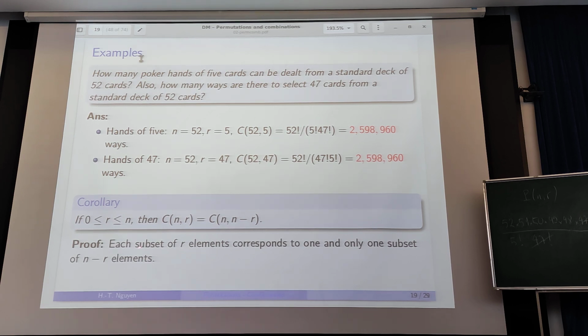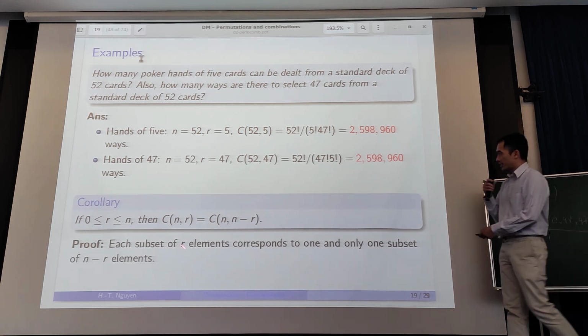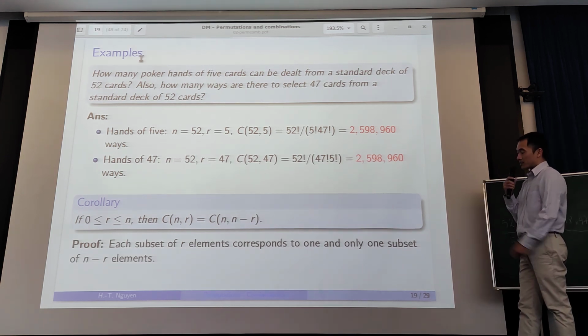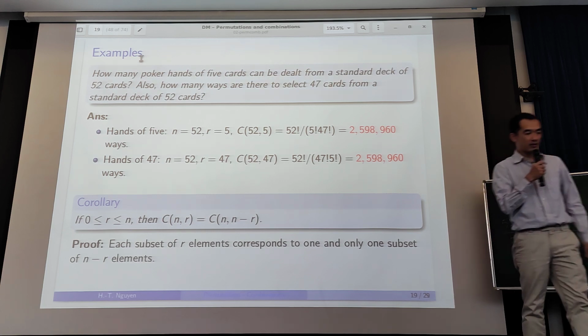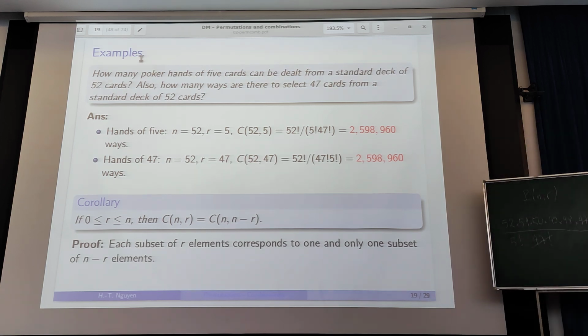So here there is a one-to-one correspondence between the subsets of size R and the subsets of size N minus R. Whenever you cut a set of size N in two, and you take out the one part of size R, then the other part is of size N minus R, so it's symmetric. It's the same whether you choose R elements or choose N minus R elements.